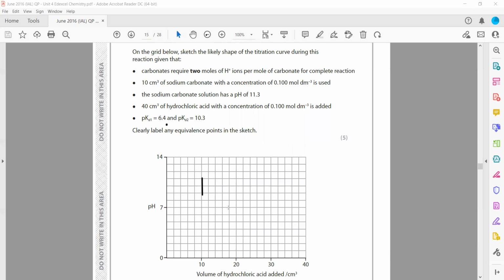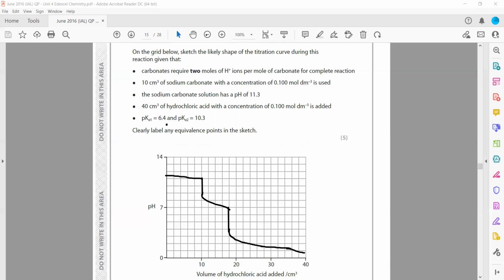So there will be a vertical region around 6.4. And then as we keep adding HCl, the pH should decrease to around 1 by the time 40 cm cube is added.